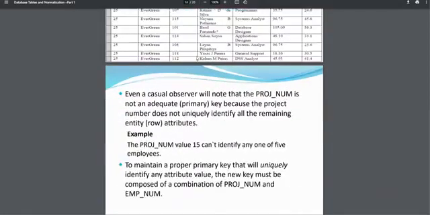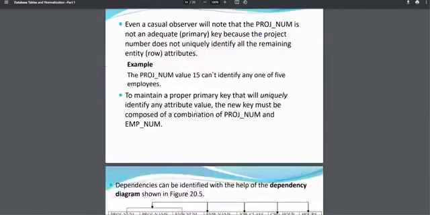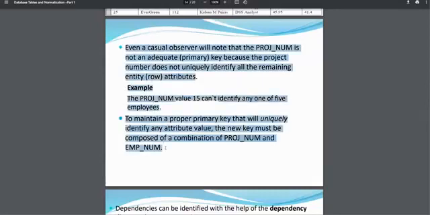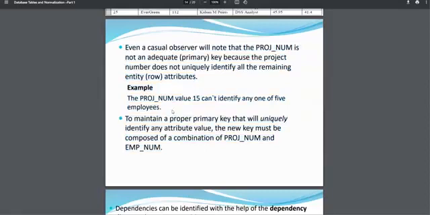Then after that, this is what has been mentioned about the previous scenario and the previous problem. So project number can't be used to uniquely identify a record.